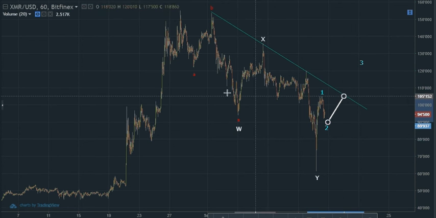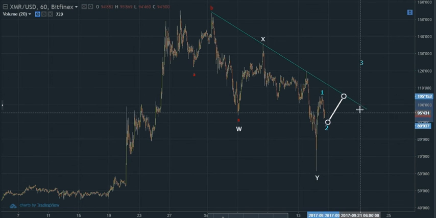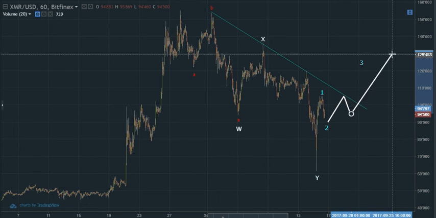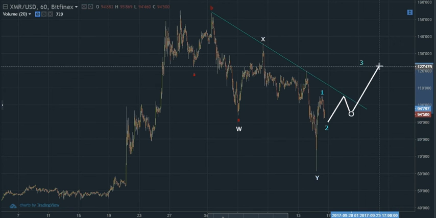So draw your trend lines, draw your trend lines, and it'll give you points of potential resistance.